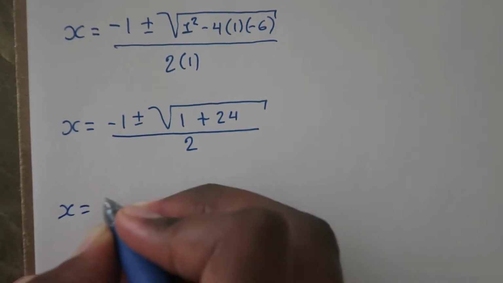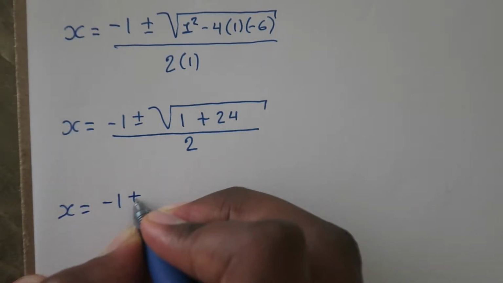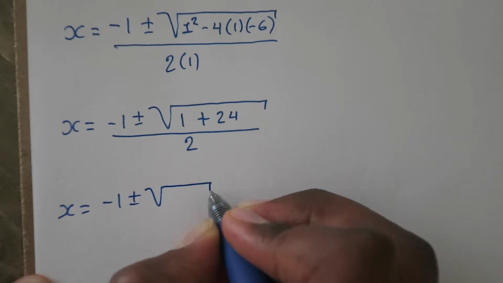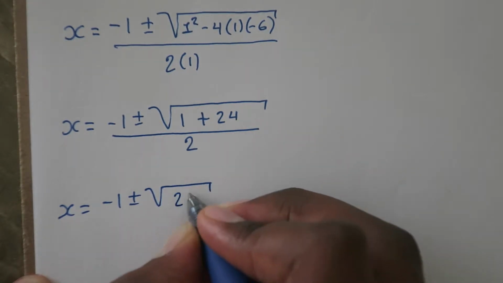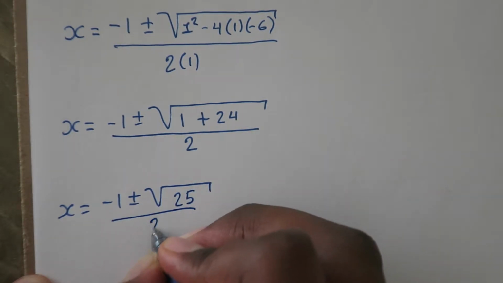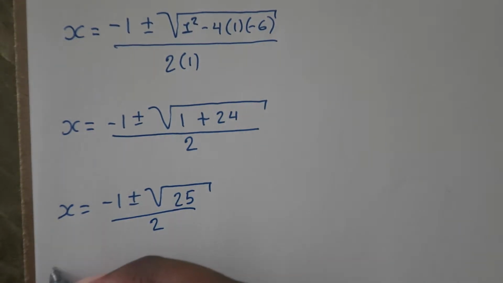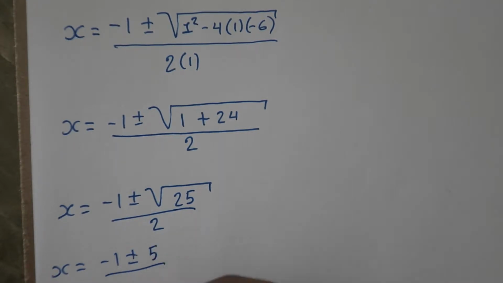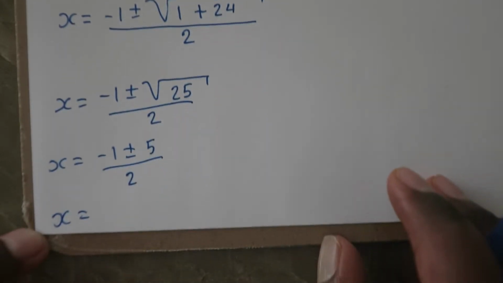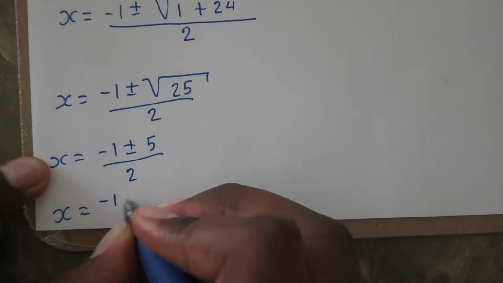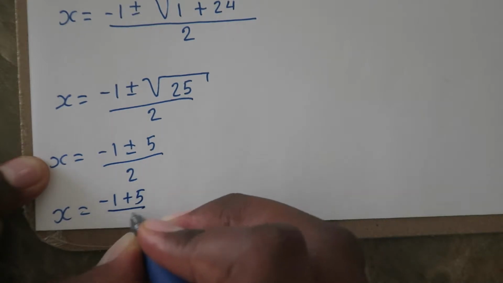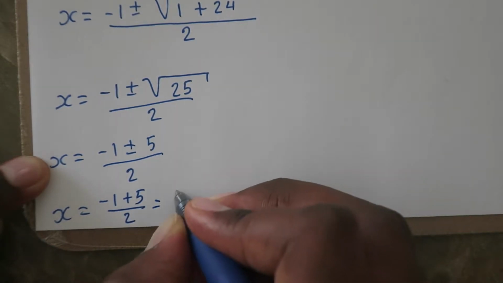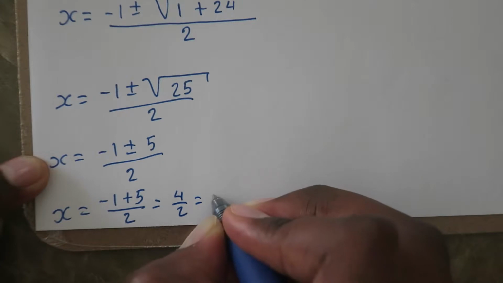So that equals negative 1 plus or minus the square root of 24 and 1 makes 25, divided by 2. Which of course simplifies into negative 1 plus or minus the square root of 25, which is 5, over 2. And again, plus or minus means we have negative 1 plus 5 divided by 2, which equals positive 4 over 2, equals 2.